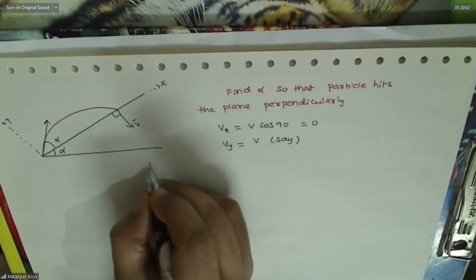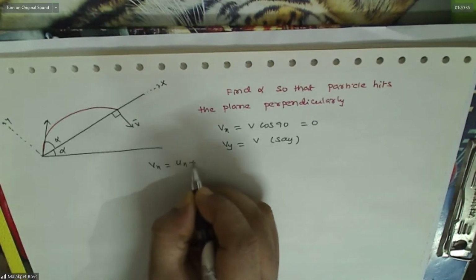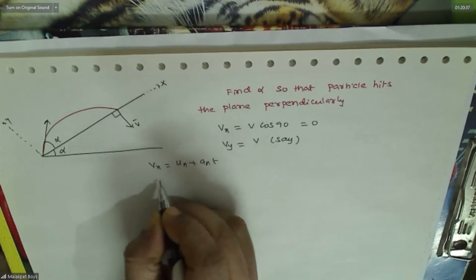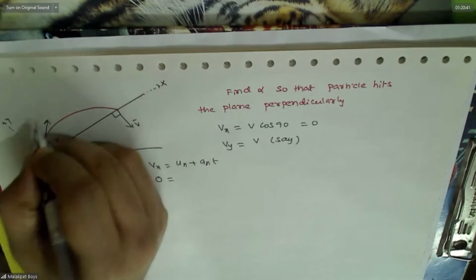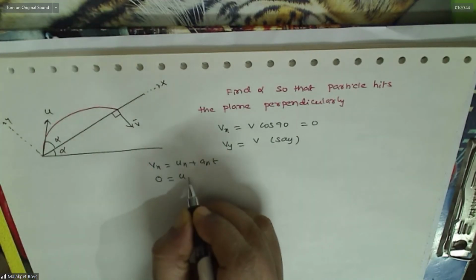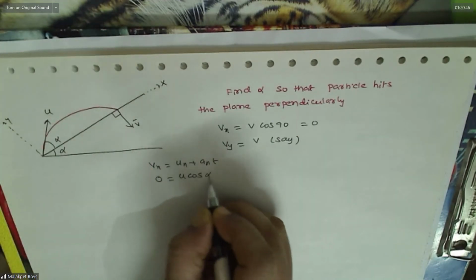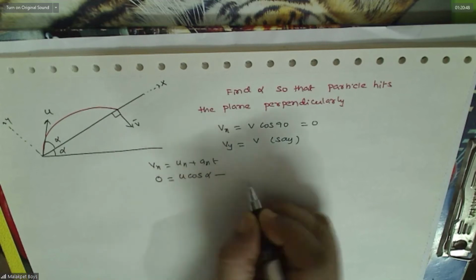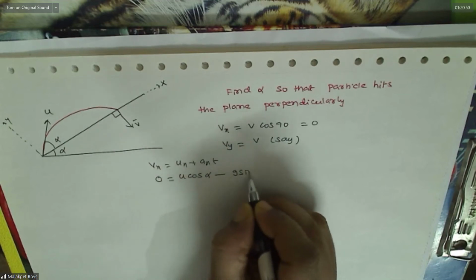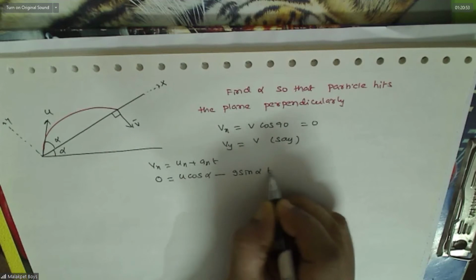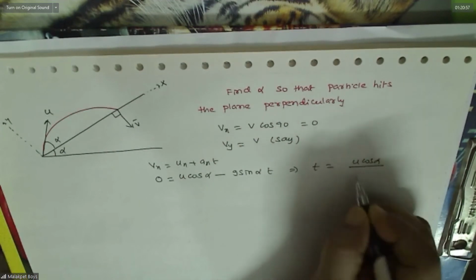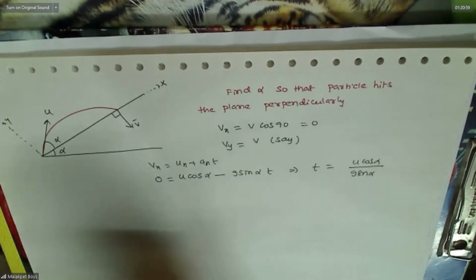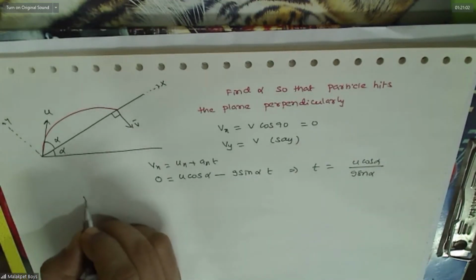Then Vx equals ux plus axt. This is 0. You know that you are projecting with the speed u cos alpha. You have seen what is gx. So this gives you time of flight. Similarly, we can have again displacement is 0 now.